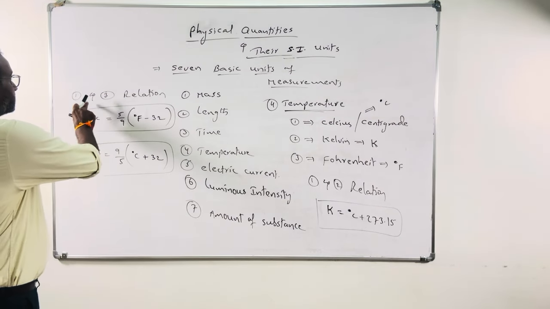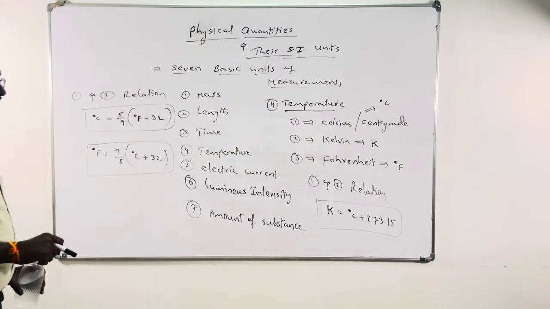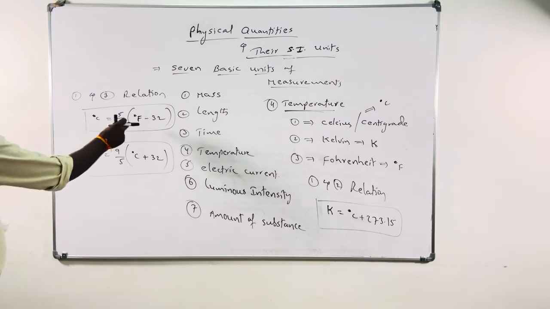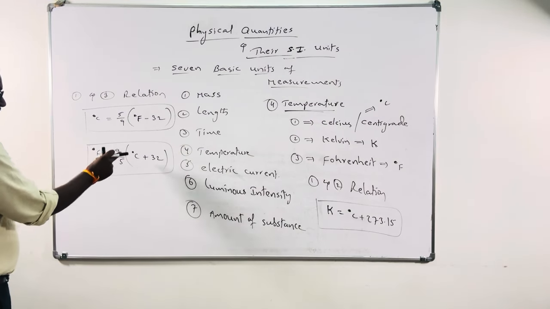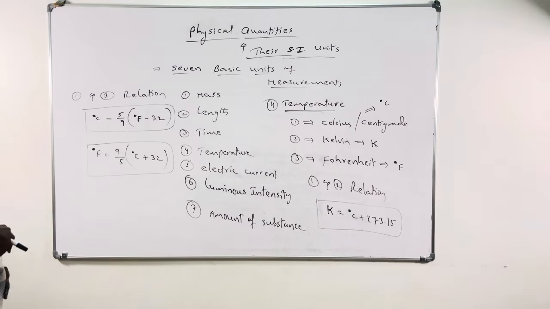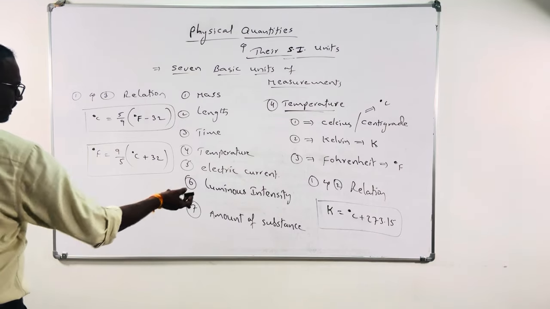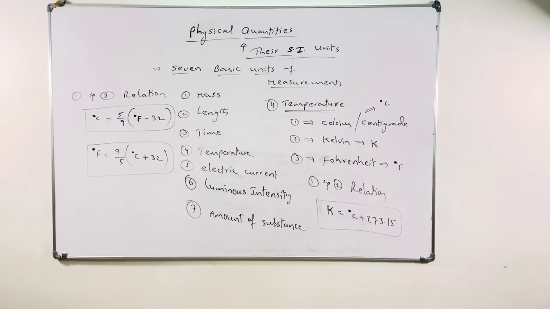To convert Fahrenheit into centigrade, use this one. To convert centigrade into Fahrenheit, use this one. So these are the three formulas. This is the fourth basic fundamental physical unit. The remaining ones, electric current, luminous intensity and amount of substance, I will discuss later.